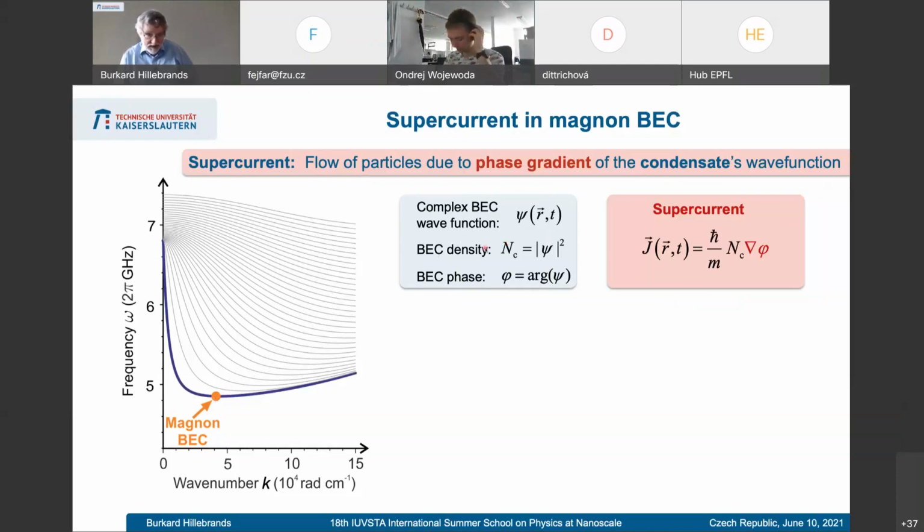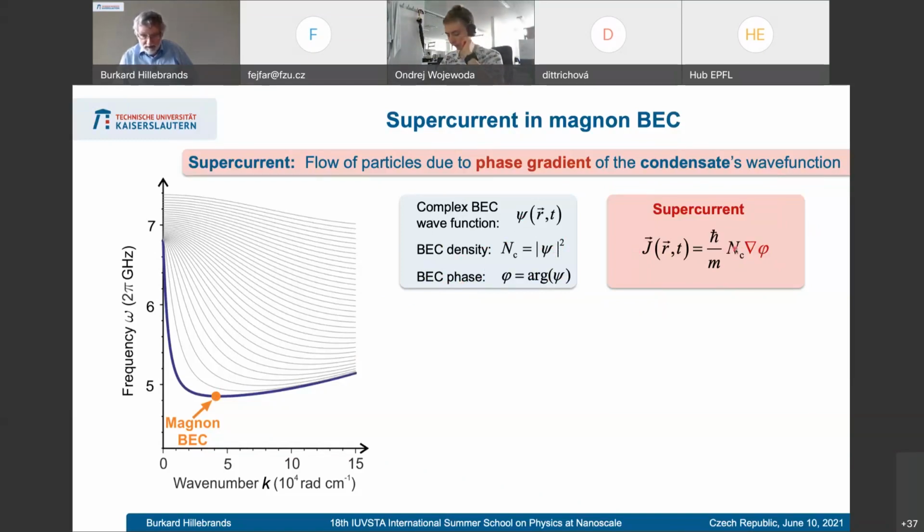The density is, of course, the square, here the absolute square. And the phase is also defined, it's just the argument of the wave function. So we have a BEC density and the BEC phase. And the supercurrent, very generally, is always obtained if the phase has a gradient. And the supercurrent is actually nothing else than just the gradient of the phase.